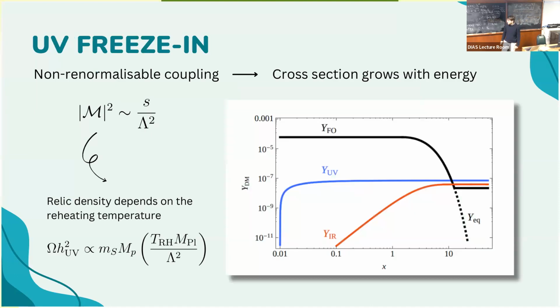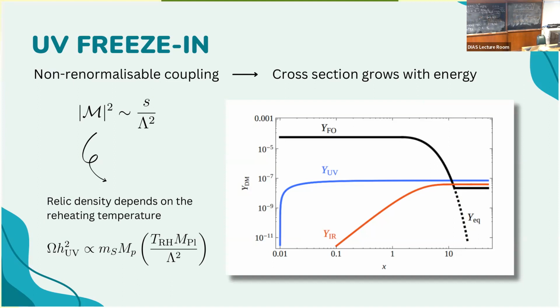Another possibility is if you study non-renormalizable couplings, where your matrix element squared, or your cross-section, grows with energy, then you have a different behavior. Since the cross-section grows with energy, you have most of the production at the highest energy, so the highest temperature.